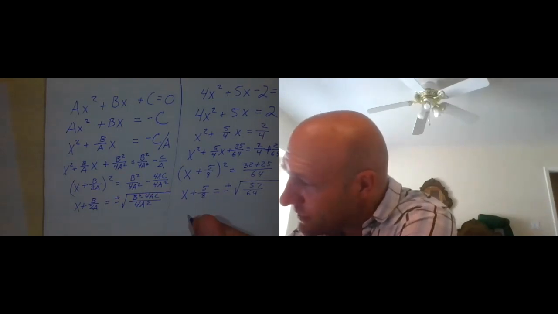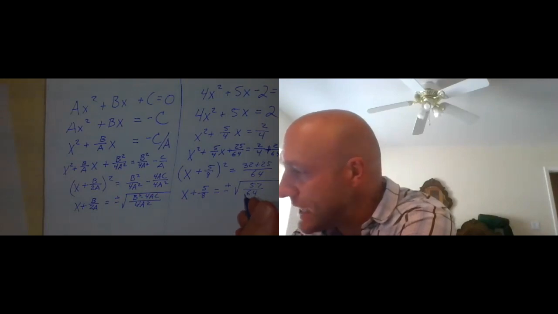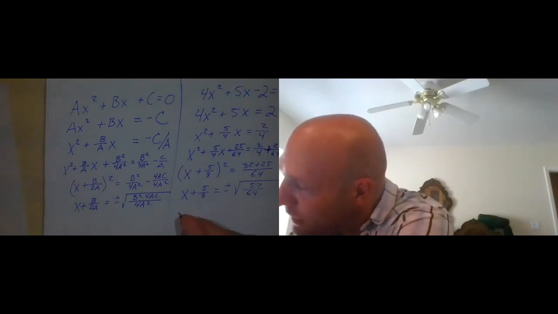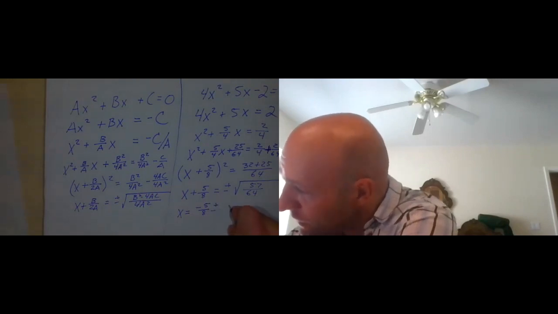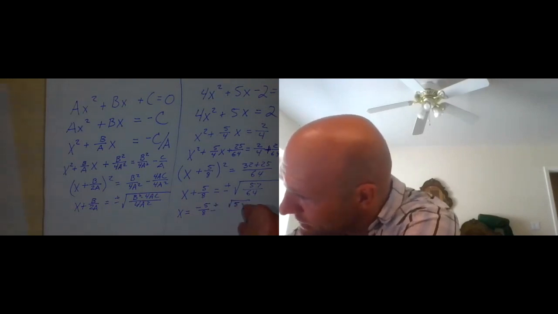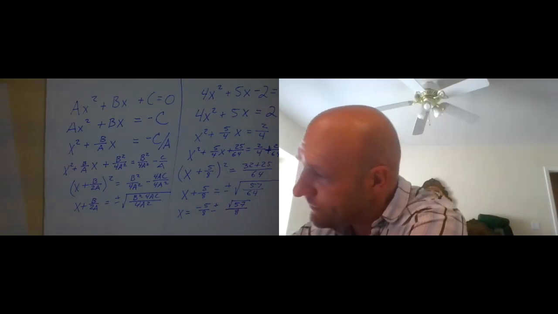Okay, back to this side. I'm going to subtract that 5/8 from both sides. At the same time, I'm going to take the square root of the denominator. So I get x equals negative 5 over 8 plus or minus the square root of 57 over the square root of 64. I know what the square root of 64 is. That's just 8.